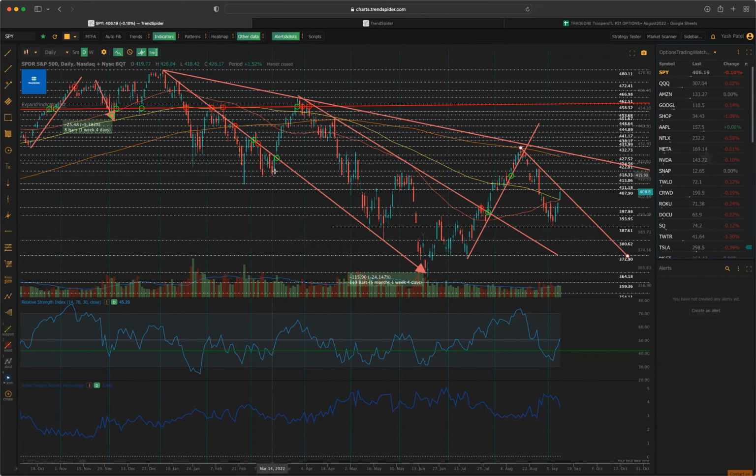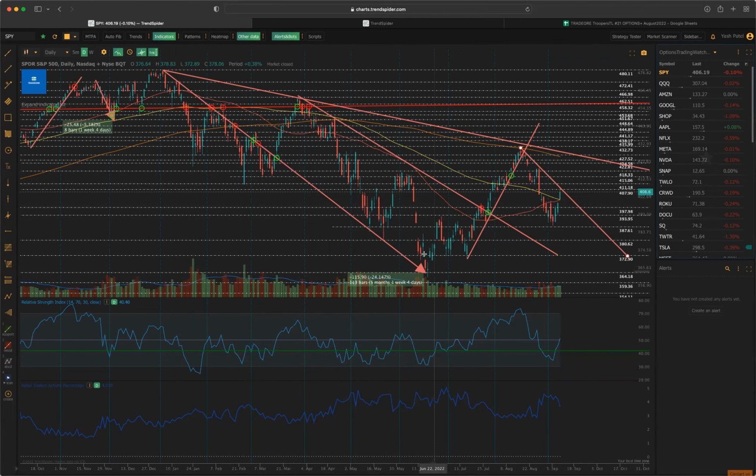If you look at the previous ones, we never saw that type of consolidation before during this one or even this one. We did see some consolidation in this range between 408 and about 418 for quite some time before this huge drop.